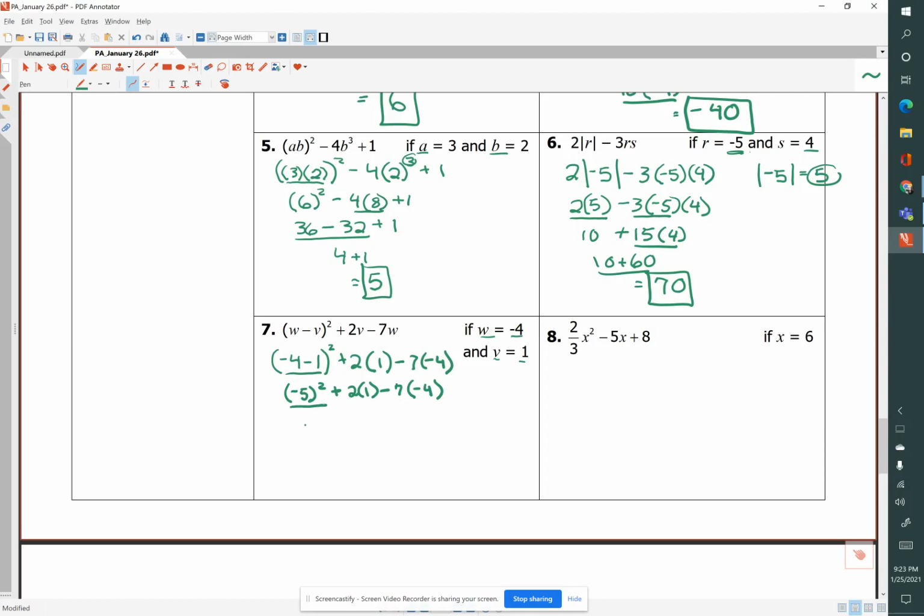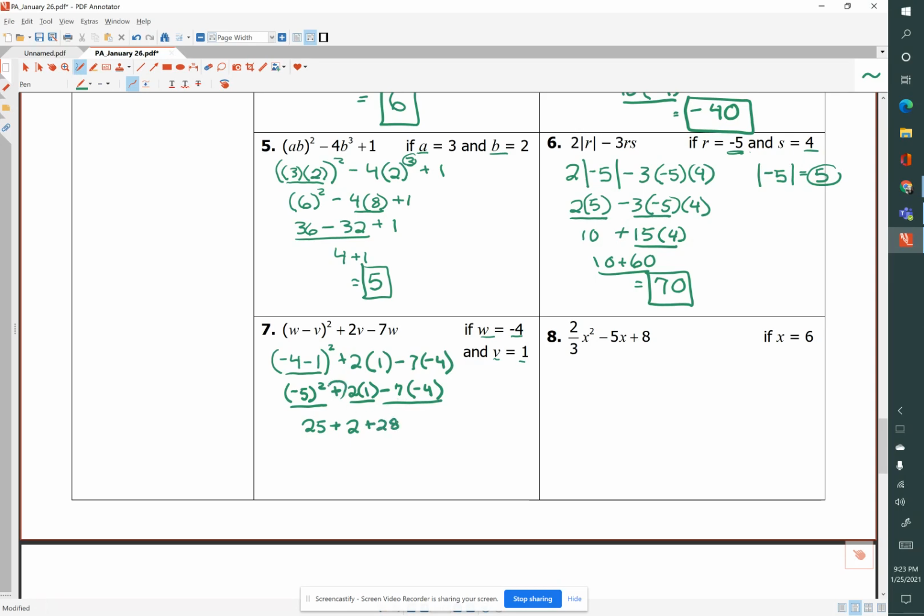Negative 5 times negative 5 is positive 25, plus, we have multiplication here, 2 times 1 is 2, minus 7. So if I took minus 7 times minus 4, that would be a positive 28.